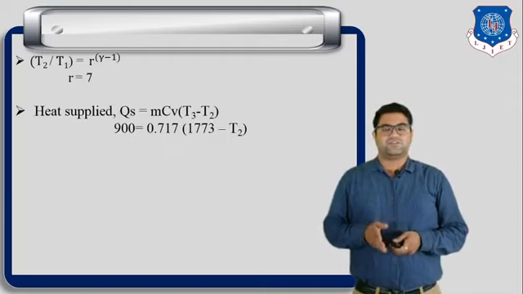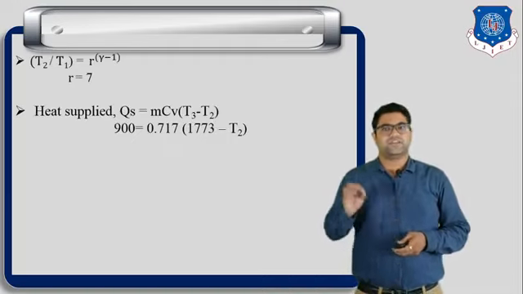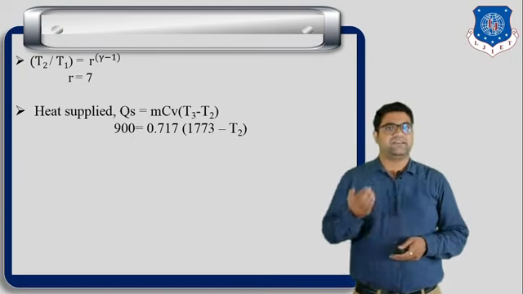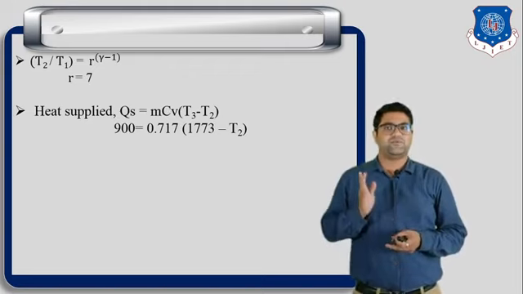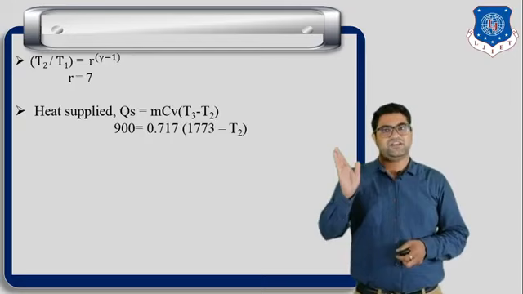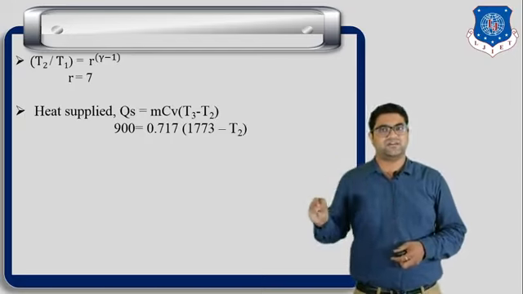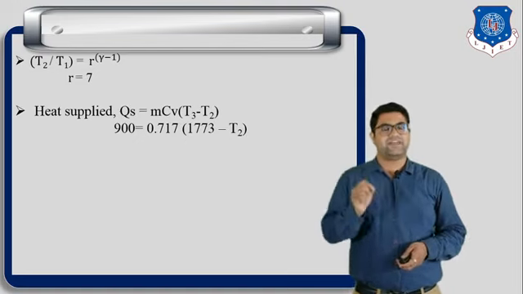Here we know the heat supplied is equal to 900 kilojoule per kg. So here we can put m CV (T3 minus T2), because heat is supplied in the process 2 to 3. If we put all the values, 900 is equal to 0.718, that is the value of CV, m equal to 1, T3 is 1773 Kelvin, minus T2.